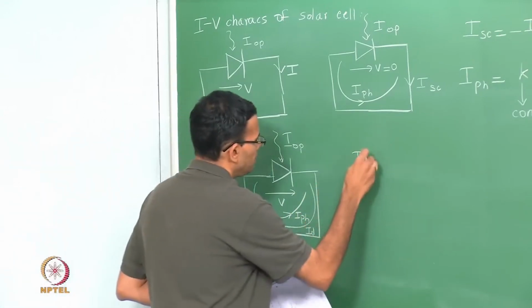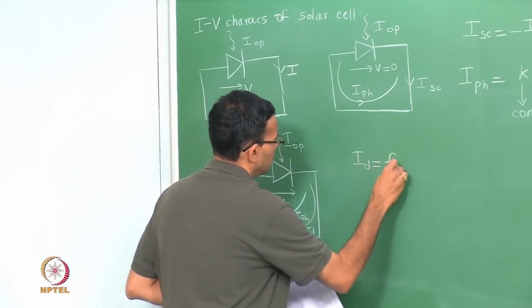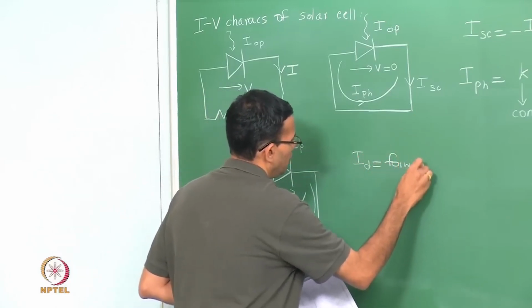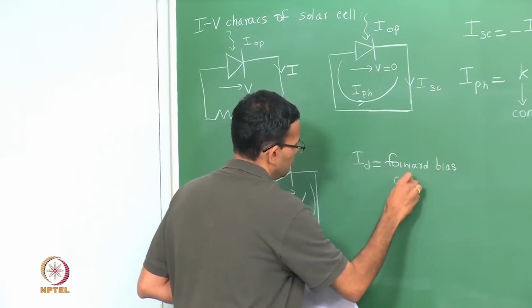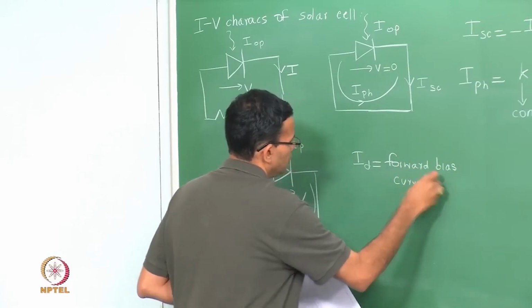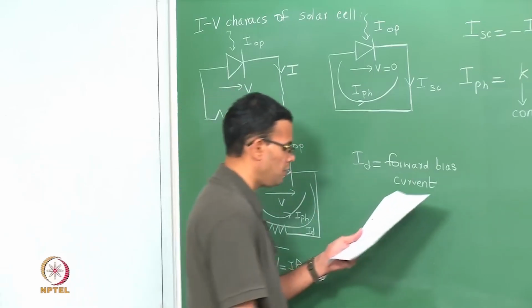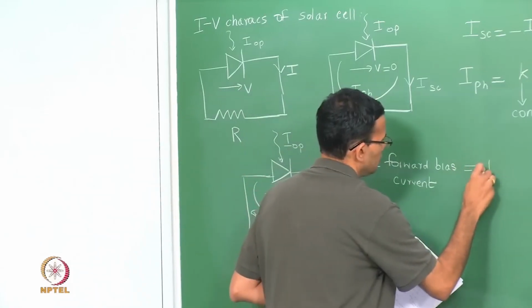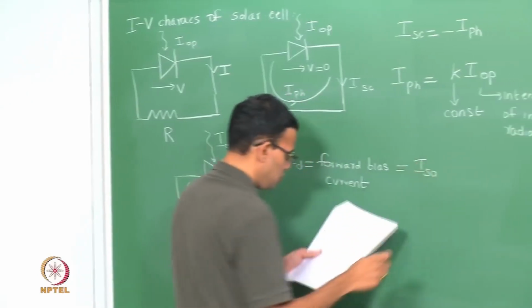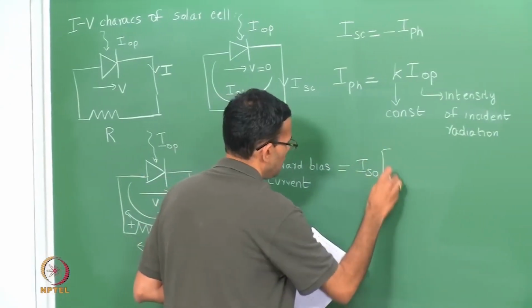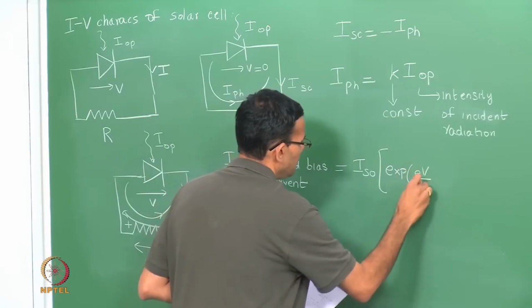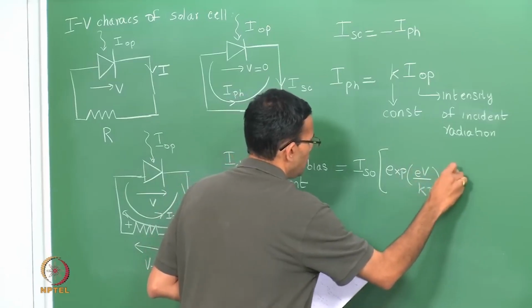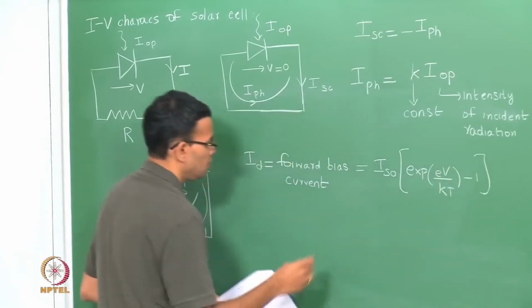So, ID, which is your forward bias current, and you can write the standard diode equation for this as IS naught, where IS naught is the reverse saturation current, exponential eV over kT minus 1.